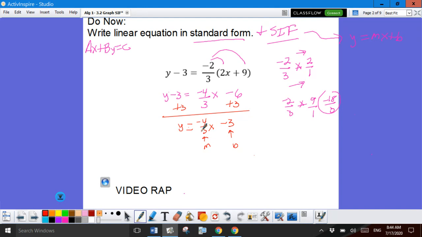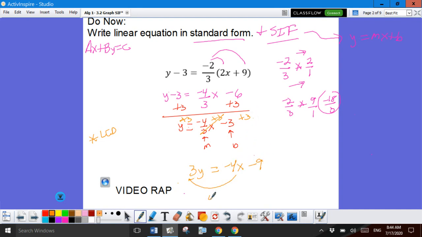Let's go ahead and take this to standard form. And if you remember, with standard form, we have to multiply by the LCD, the least common denominator. So that least common denominator, in this case, with only one fraction, is 3. So times 3, and I have 3y equals. Remember, these are going to cancel out. Negative 4x and a negative 9.